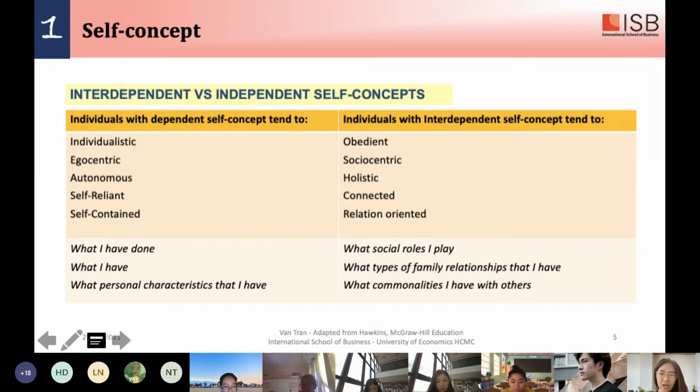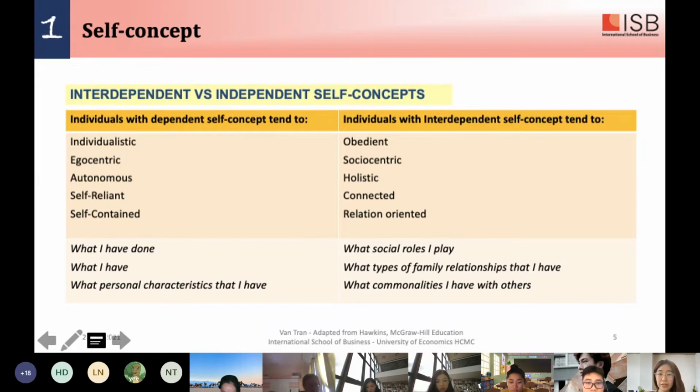And on the other hand, if someone asks you and you answer that, okay, I am my parents' daughter, or no, son, or I'm a mom and I'm a wife, or I have a family of four, for example. So all of these are showing that you have an interdependent self-concept.